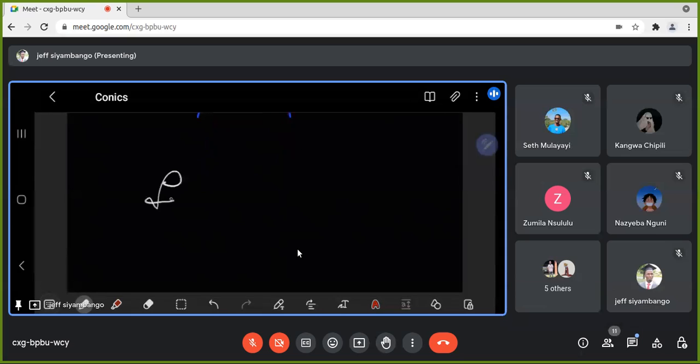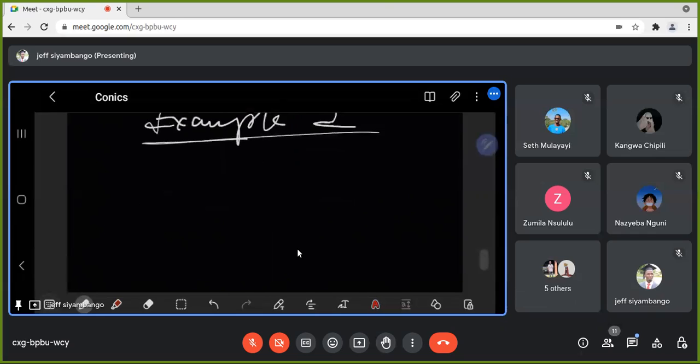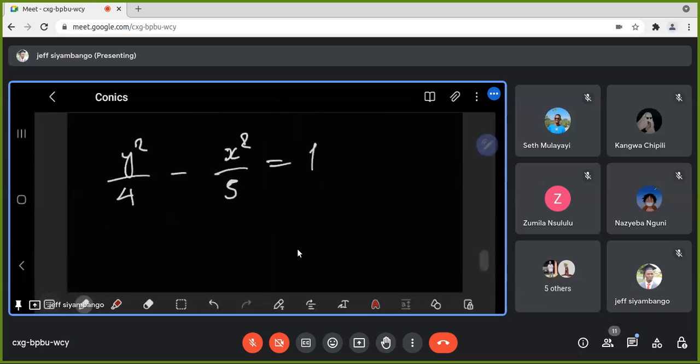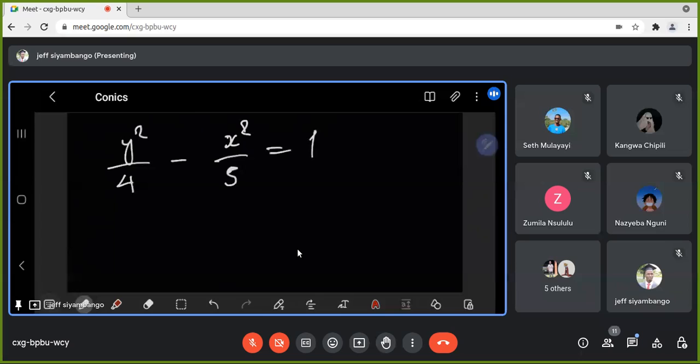Consider this simple example. We have y squared over 4 minus x squared over 5 is equal to 1. So we want to find the foci, the vertices, and the asymptotes of the hyperbola, and maybe throw in a sketch there.